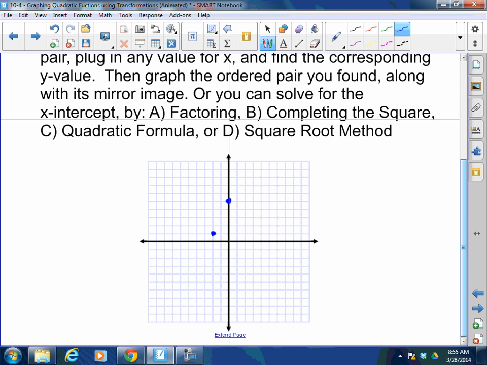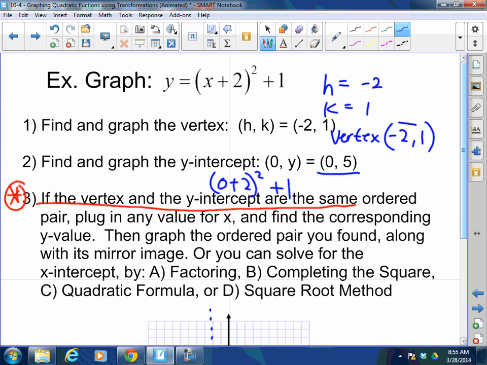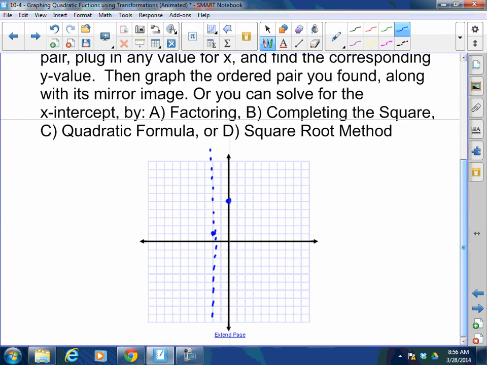Isn't the axis of symmetry going through the vertex? Because isn't the axis of symmetry the x value of the vertex? Are you making connections here? Because if you are, this is going to be super simple. Now, mirror image. 2 to the right, 2 to the left. You're done.